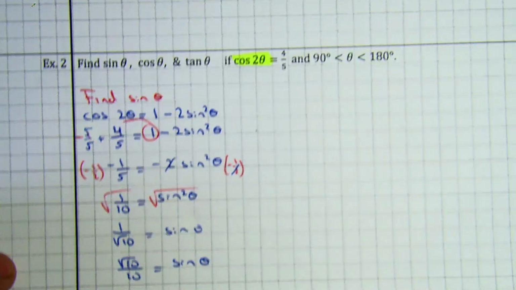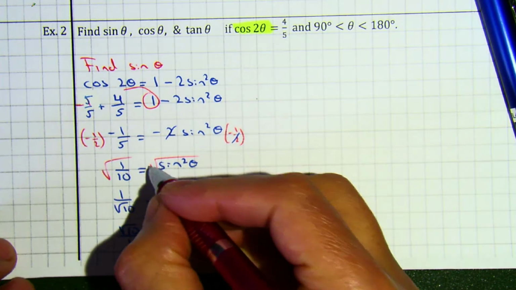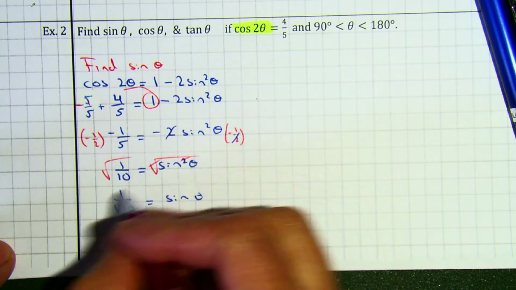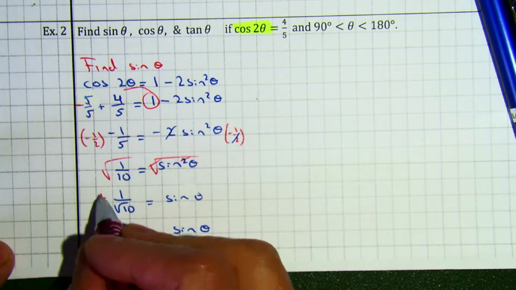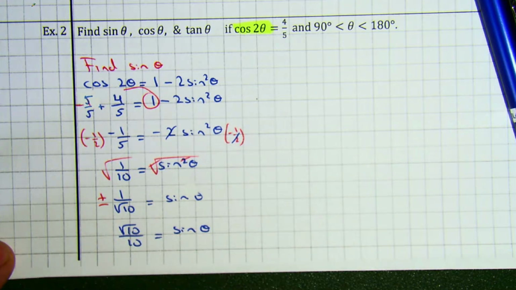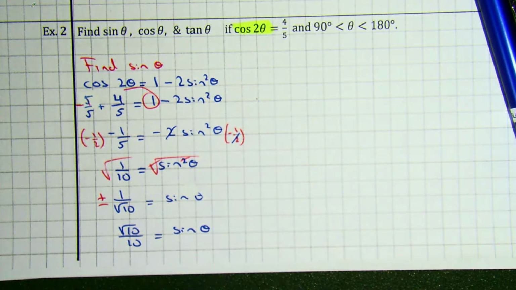Correct. In this case, I should have a plus or minus. So my square root and my square cancel, but every time we take the square root on both sides, we know we need a plus or minus. So I need to decide whether my answer is going to be positive or negative. They tell me that the angle is located on the second quadrant, right?